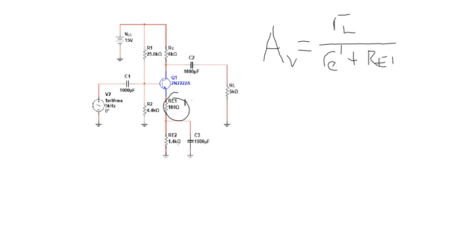We probably should have made something more like 20. That would give us a gain of maybe 5, and then we can have two of them together, making a gain of 100. Otherwise it's going to have a gain just a little bit more than one, which is okay sometimes, but typically we want more gain than that. So this would be divided by 125 now. 2.73K divided by 125 gives me a gain of 23. Not as good as 100.